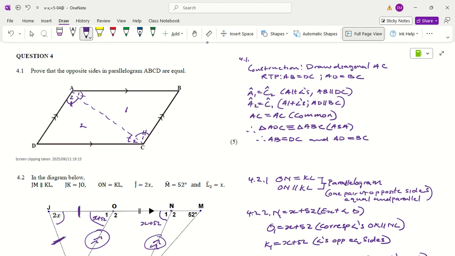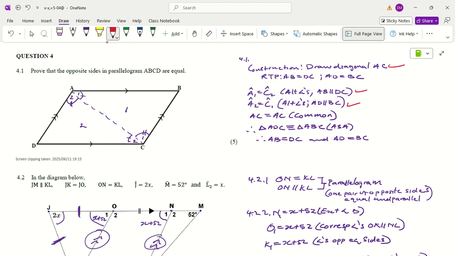First of all, we start with our proofs, which is 4.1, and 4.1 is for 5 marks. So you do get a mark for your construction here. There's your construction, that is 1 mark. And then you get a mark for alternating angles.